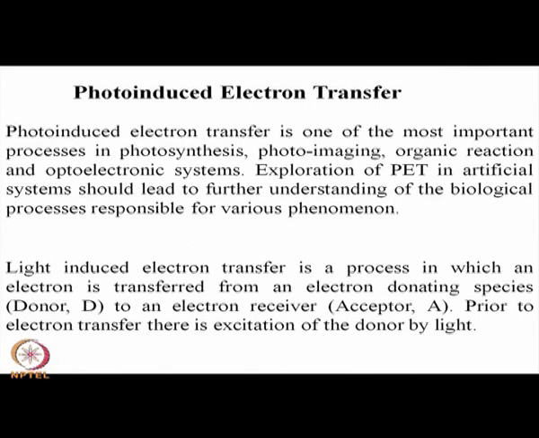Now, light induced electron transfer is a process in which an electron is transferred from an electron donating species, which is called the donor, to an electron receiver, which is called the acceptor. Prior to electron transfer, there is excitation of the donor by light. That is what is called photoinduced.